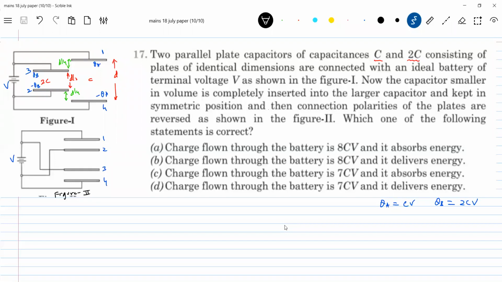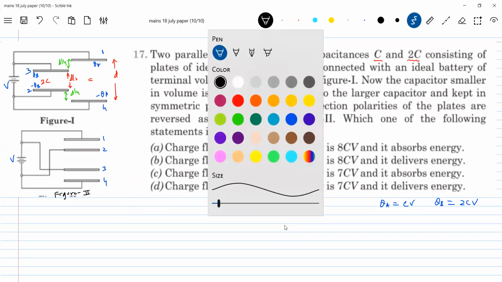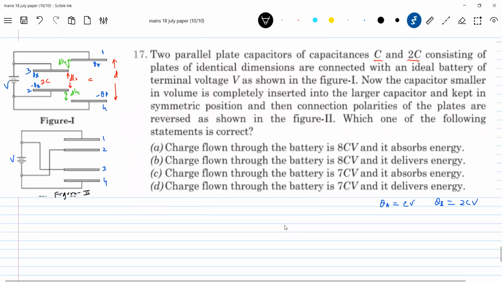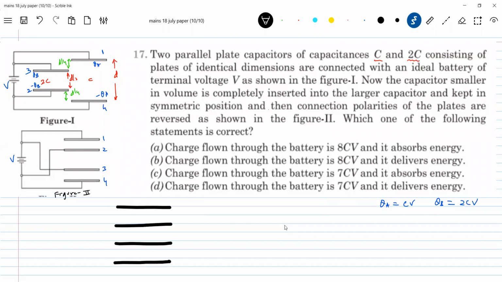So if I redraw the circuit, it will be like this. Already we have discussed numericals of this kind, where the battery is connected.